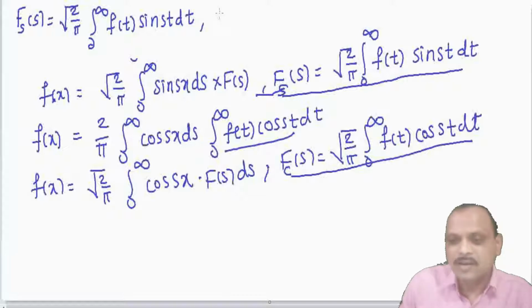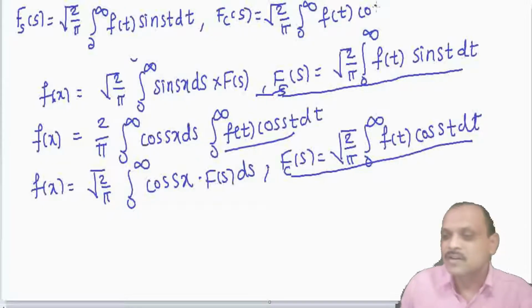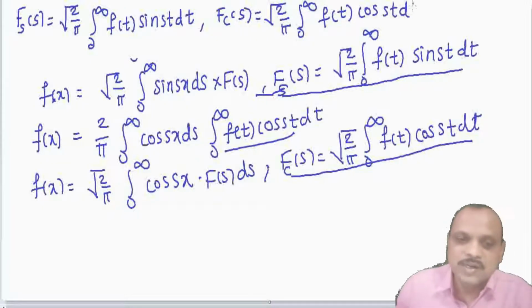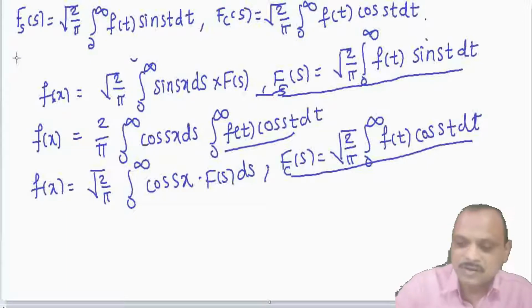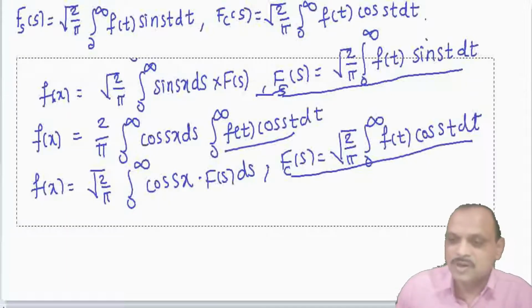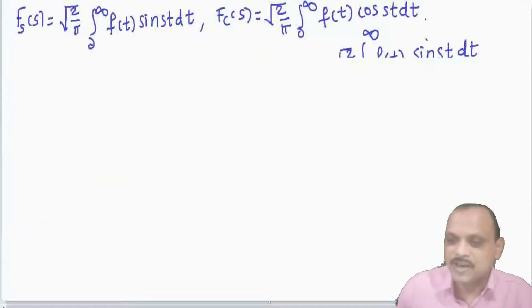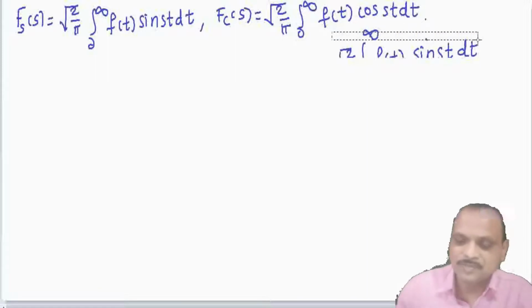It is similar to the Fourier sine transform, and instead of sine we write cos of st into dt. These are the two transforms, Fourier sine and cosine. Now we solve problems depending on these Fourier sine and cosine transforms.